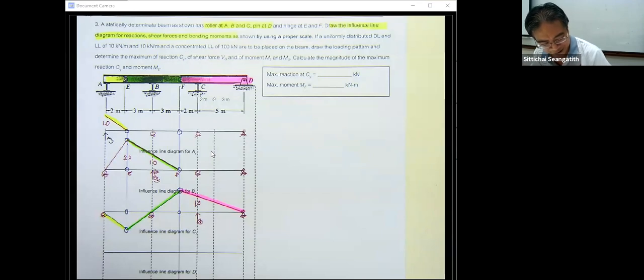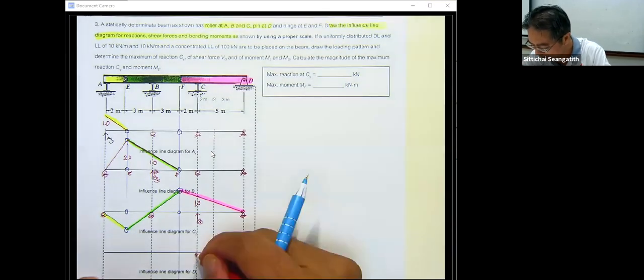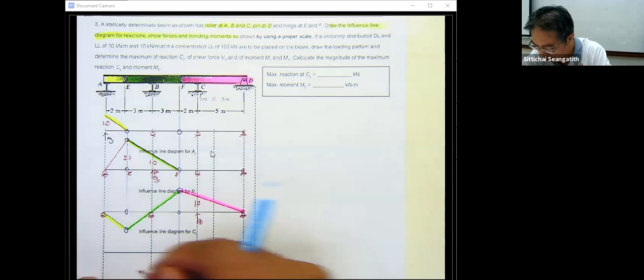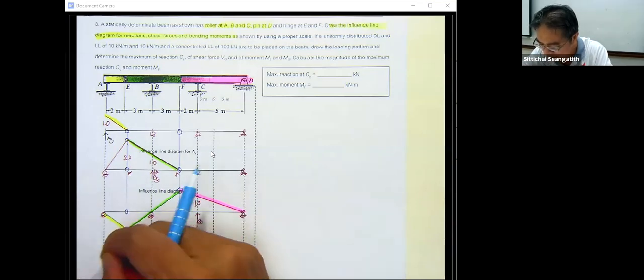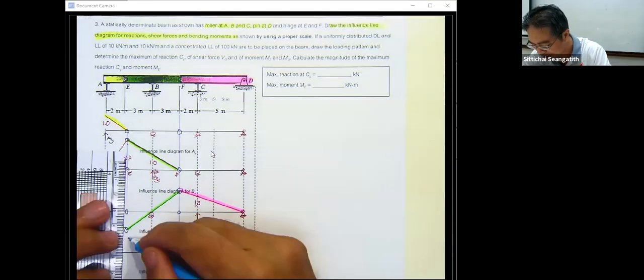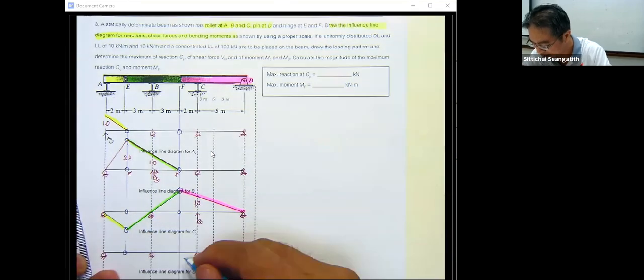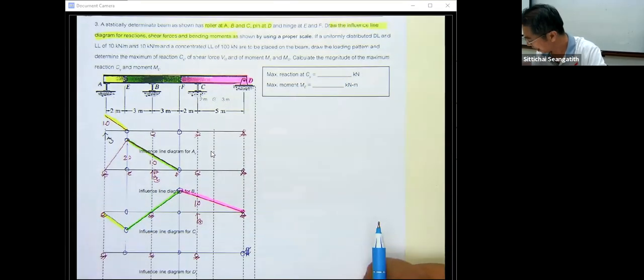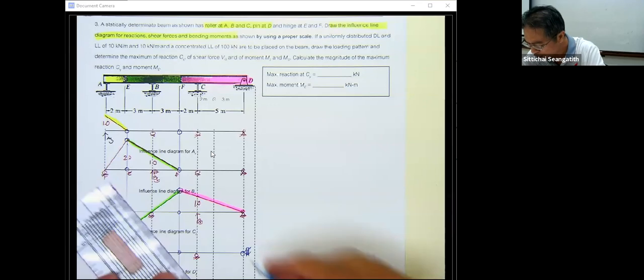Okay. And then they ask us to find the influence line of D sub Y. D sub Y is here. So we must change the pin into the roller like this. And then the C the same, the B the same, the A the same. And just keep this one as the hinge, this one the hinge, and the hinge. And then you push this one to move 1.0 unit.